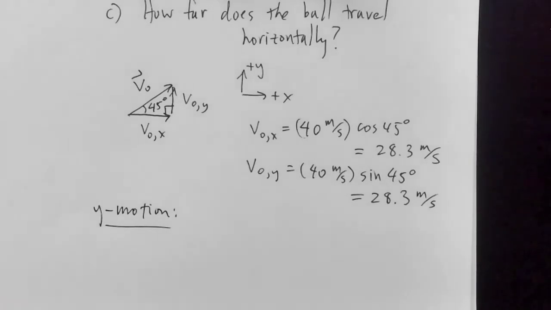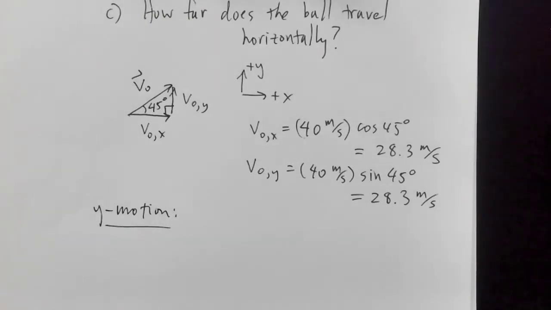If it's a more complicated problem, like a projectile shot from here that then falls to the ground, that trick's not going to work. But if it goes from the ground and comes back to the ground, you can take the time from the top to the bottom and multiply by 2. However, I'm not going to do it that way because I'd rather just show you the straightforward way, which is the way most people will do it.